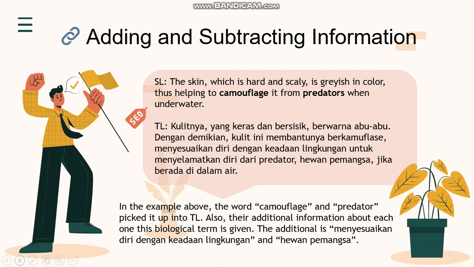While in the target language, the translator changes it into "kulitnya yang keras dan bersisik berwarna abu-abu. Dengan demikian, kulit ini membantunya berkamuflase, menyesuaikan diri dengan keadaan lingkungan untuk menyelamatkan diri dari predator, hewan pemangsa jika berada di dalam air."